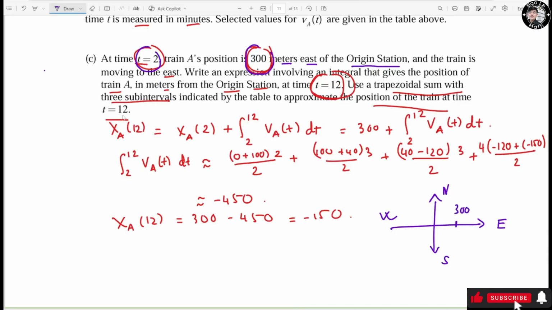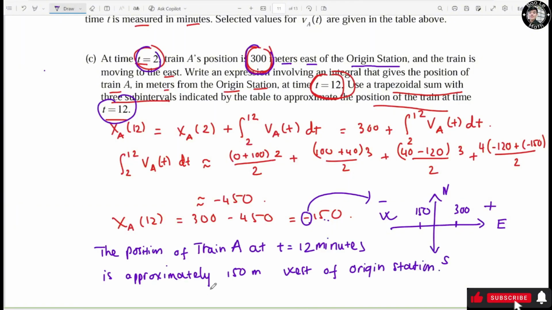At time t equals 12, we get negative 150. So negative 150 tells us that it goes in the opposite direction. This is positive, this is negative, so 150 should be right here. The negative side tells us it goes the opposite direction. So the position of train A at time t equals 12 minutes is approximately 150 meters west of the origin station.